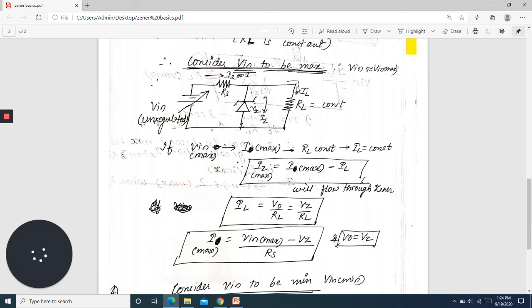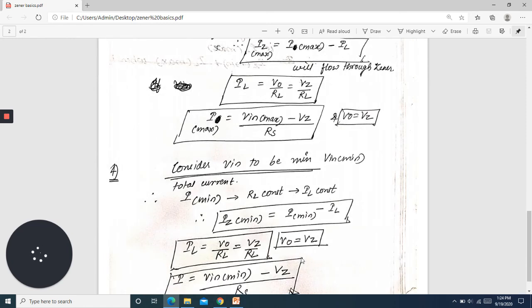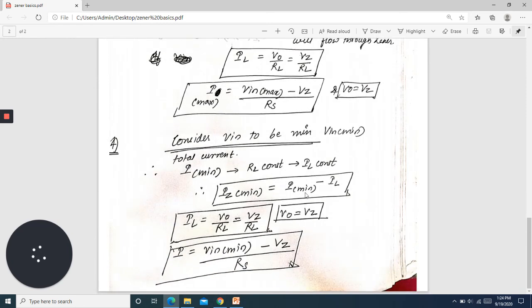So the constant current will flow through this RL, and the remaining major current will flow through this zener, and I mark this Iz to be Iz max. So this value is equal to maximum. So actually I am talking about this. Okay. So for minimum case we were talking about.